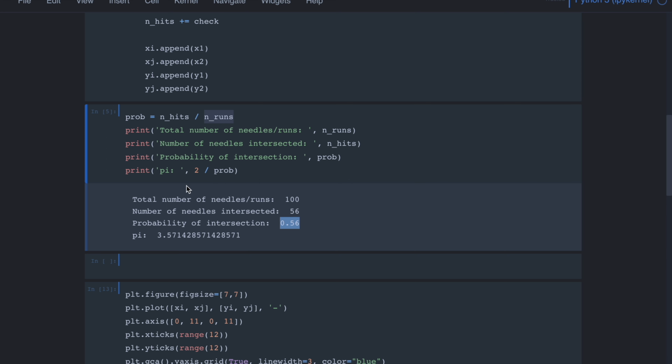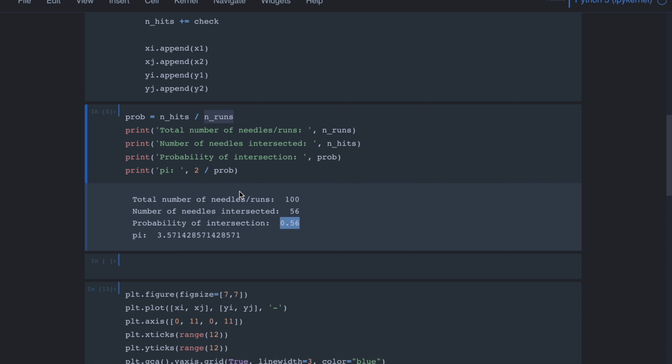Now mathematically, this probability will be equal to 2 divided by pi.